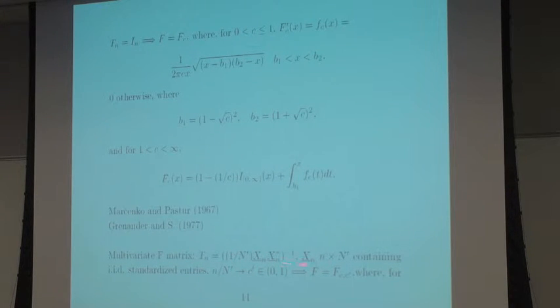In this case you have 2 parameters: little n to big N, and little n to big N prime. The ratio little n to big N prime goes to a number C prime, which has to be less than 1 if you expect to have an inverse. This is the extension of what we call an F variable, a multivariate F matrix.